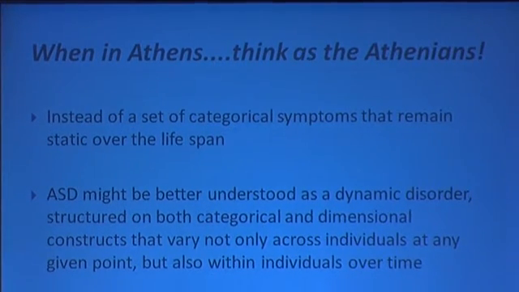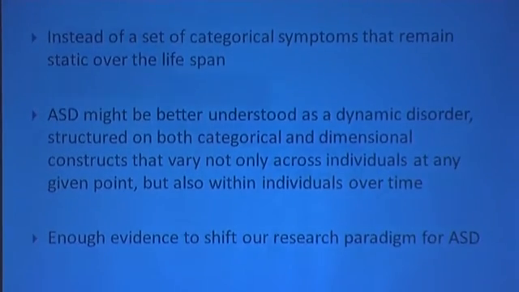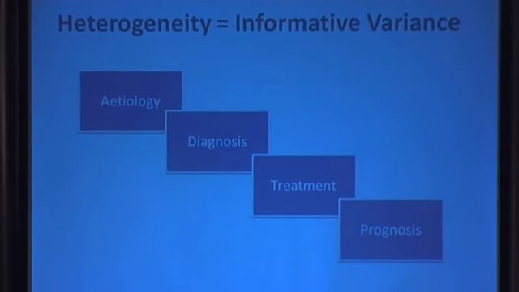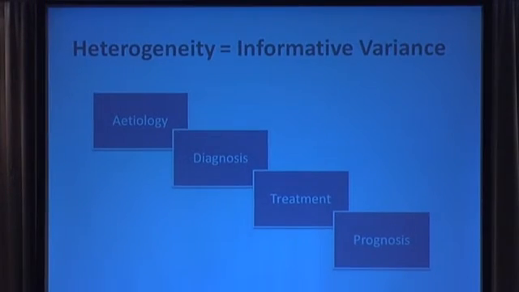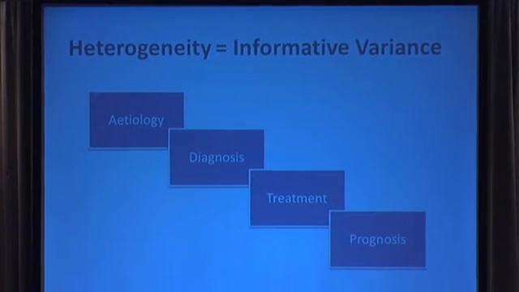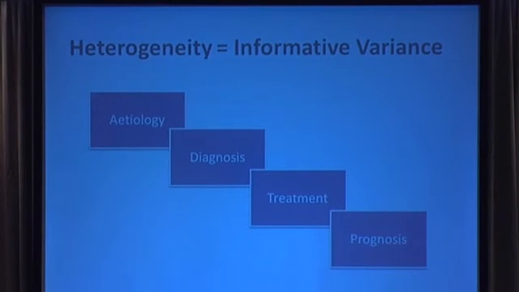And we now have enough evidence to shift our research paradigm for autism, and instead of viewing heterogeneity as a major obstacle, as a major challenge, we can slowly begin to see it as an informed variance that can help us understand the etiology, diagnosis, treatment, and prognosis of autism.